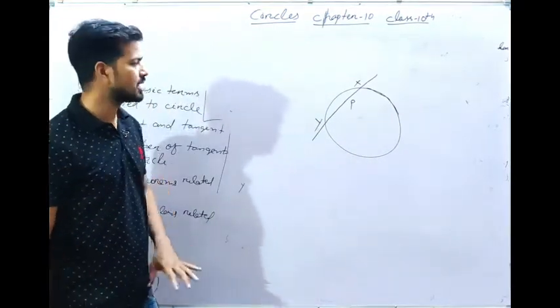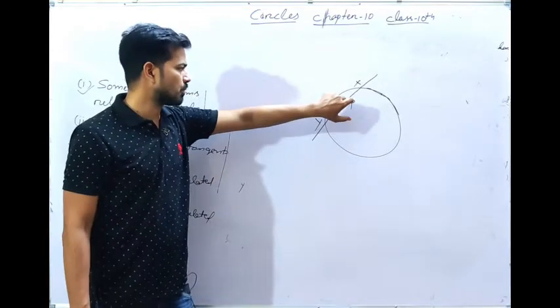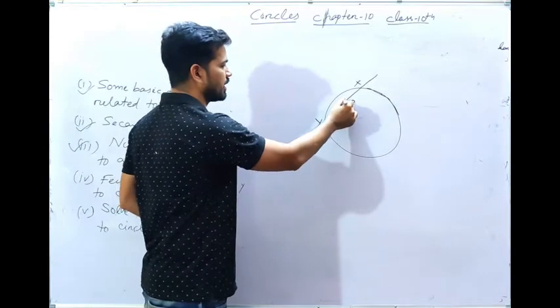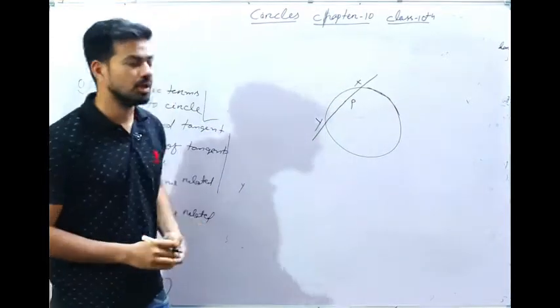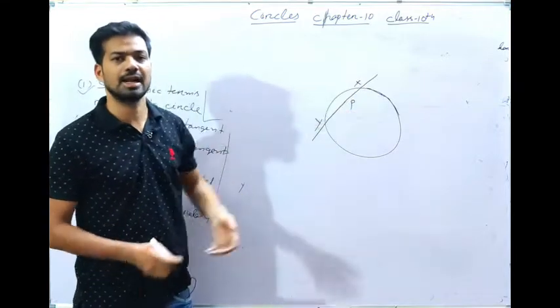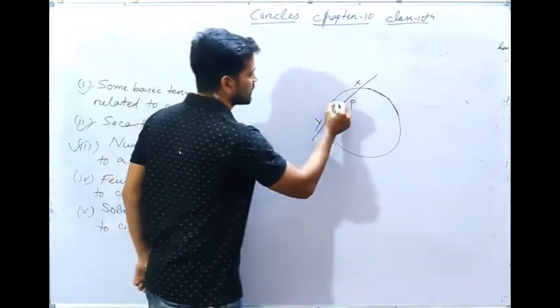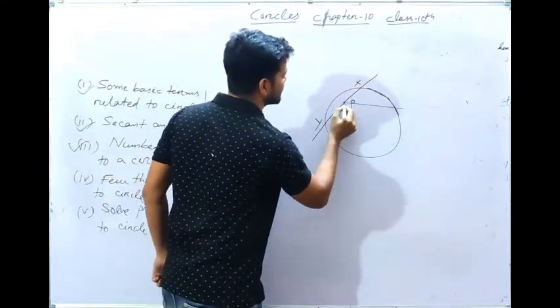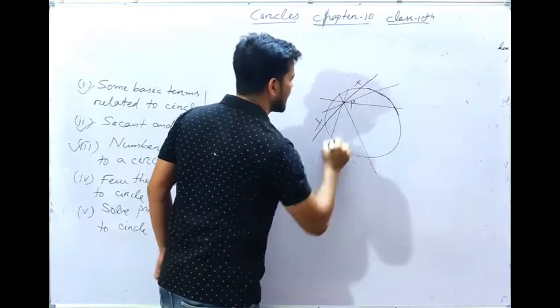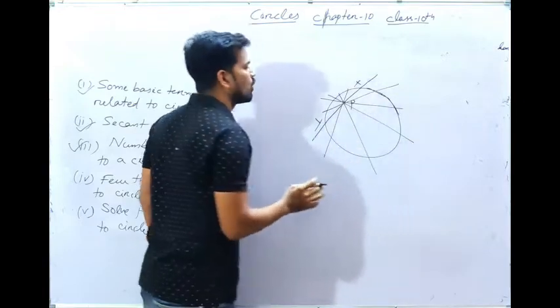So what I got is that if I want to draw a tangent from this point P, it is quite impossible, because the line will intersect the circle at 2 different points. From any direction you just try, like this, like this, what you will get?